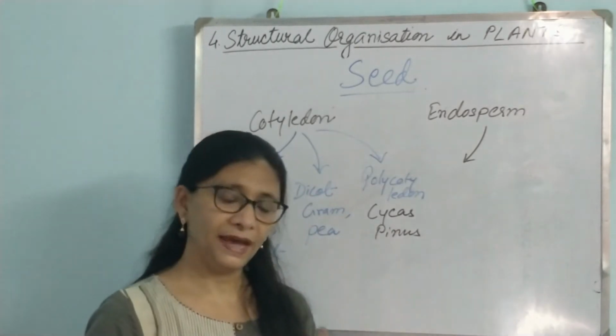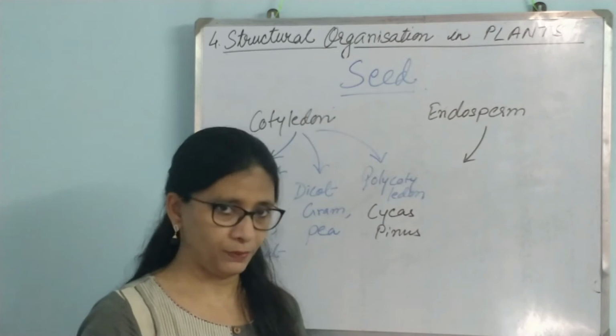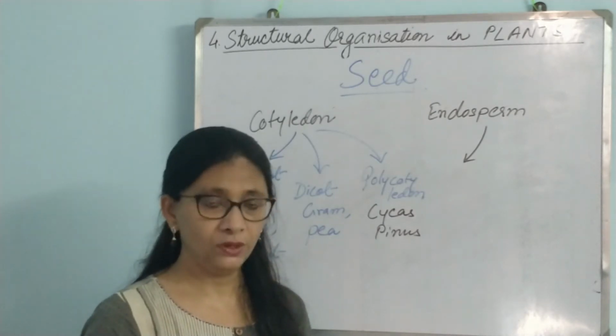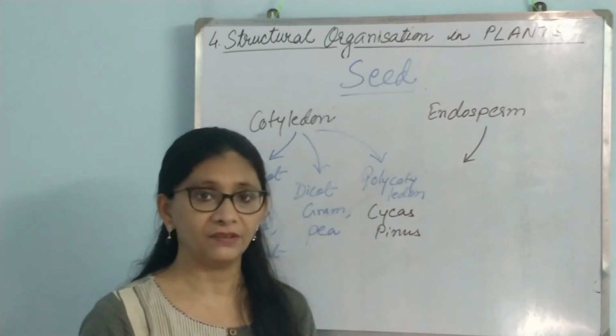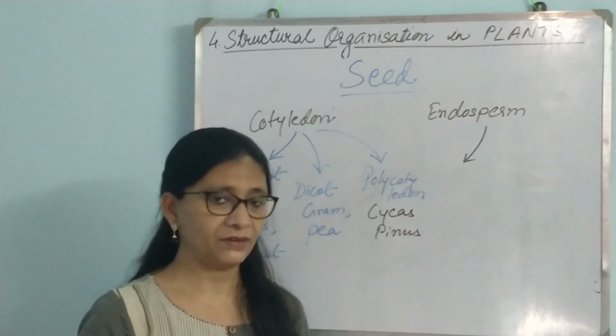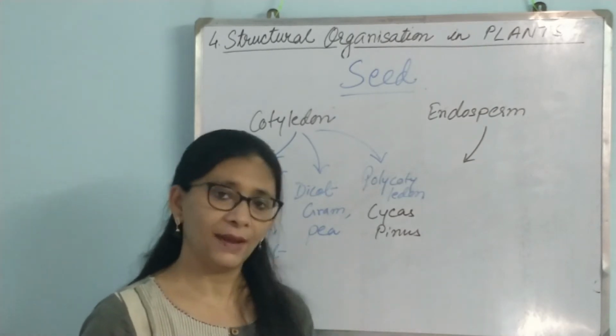Now endosperm, in case of angiosperm, is triploid. As we know, it results from double fertilization, and its purpose is to nourish the embryo. In case of gymnosperm, endosperm is haploid.